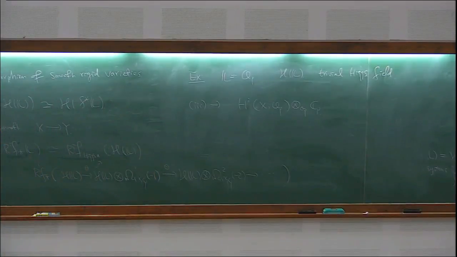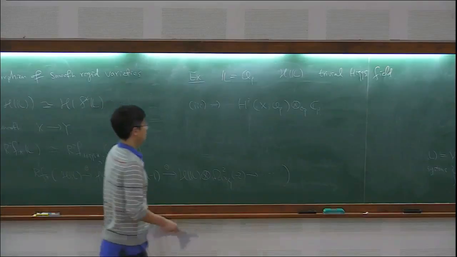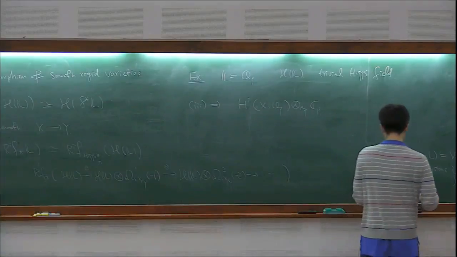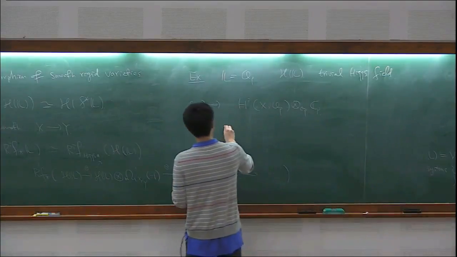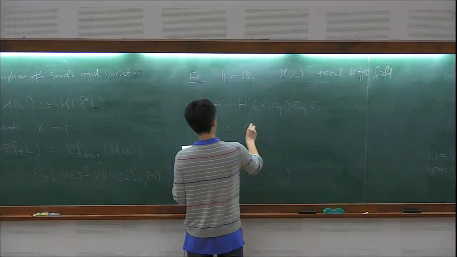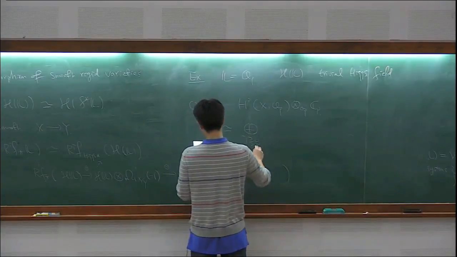Okay, it's a trivial map. So the connecting map is 0. So if you compute the push forward, the spectral sequence just degenerates at the first term. Now you see the right-hand side is exactly what we have at the beginning of the talk.